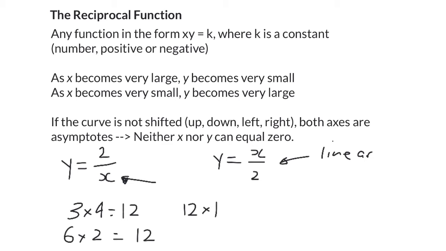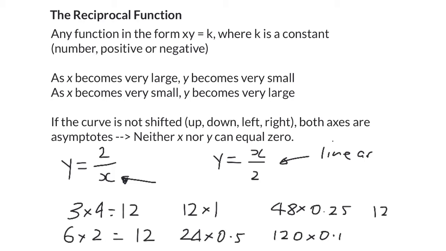And what I could start doing is I could keep making the first number way bigger, 24 times 0.5. Okay? Or I could make that 48 times 0.25. I could actually go and make it 120 and 0.1. Or I could go make it 1200 and 0.01.